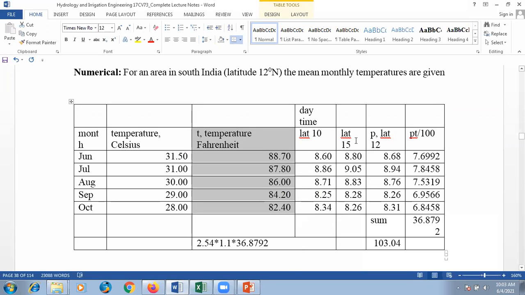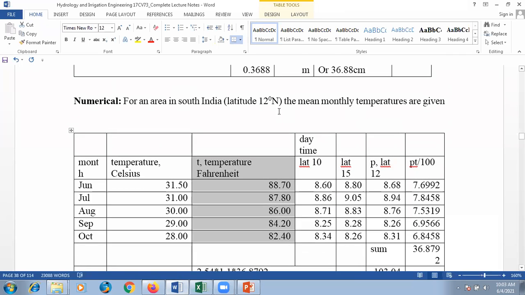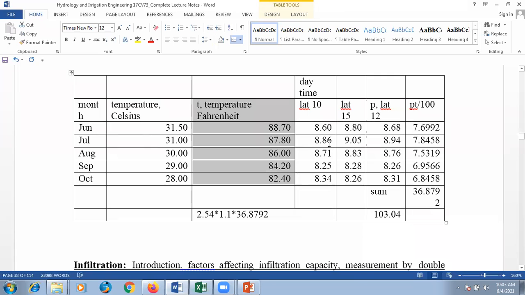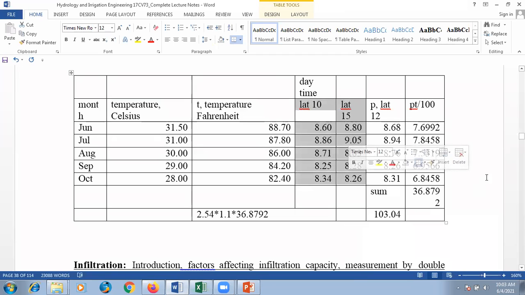But whereas the latitude 12 degree north, if it is provided in the form of a table where for latitude 10 and latitude 15 you have values, how to obtain the values for latitude 12? That is the question.